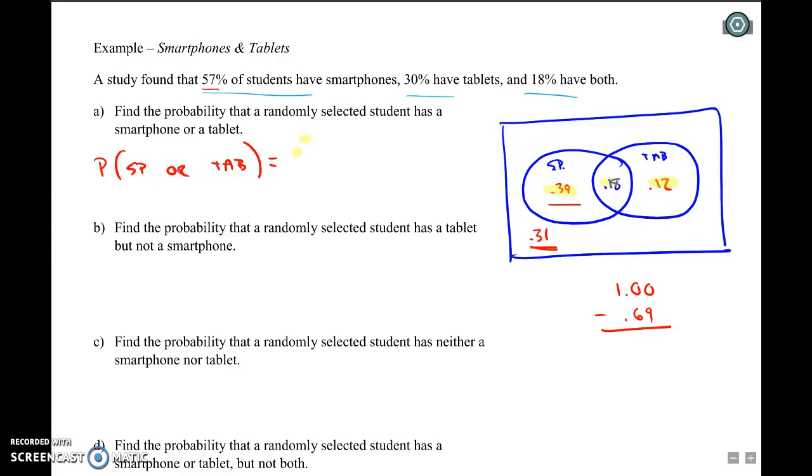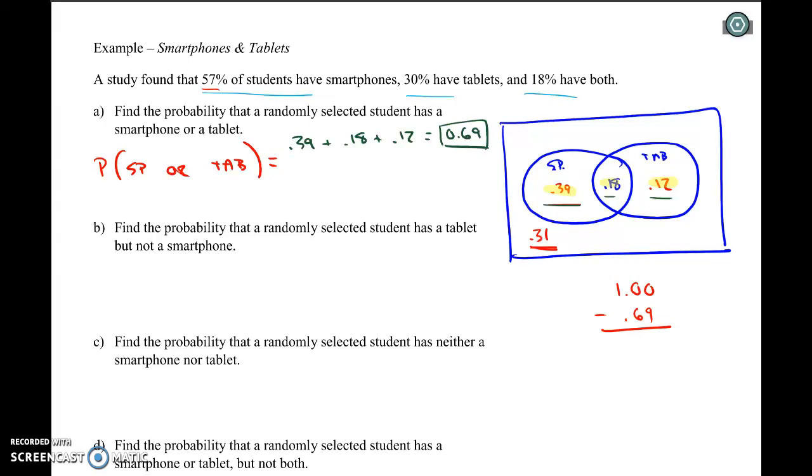So I could say 0.39 plus 0.18 plus 0.12. That would add up to that 69% that I just did over here. And that's just using the Venn diagram and intuition. Basically, the Venn diagram breaks my events into mutually exclusive events.